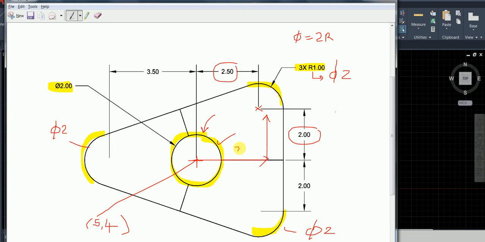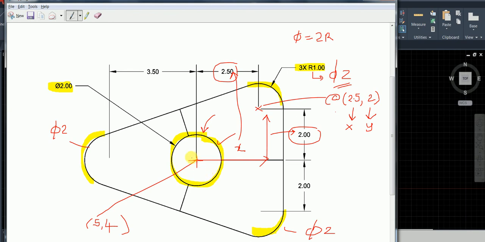X is 2.5, Y is 2 units. Okay, so can we say this circle is at 2.5, 2. Remember, always X first, Y later. Okay, this is the first coordinates, and the dimension of the circle is 2 units.